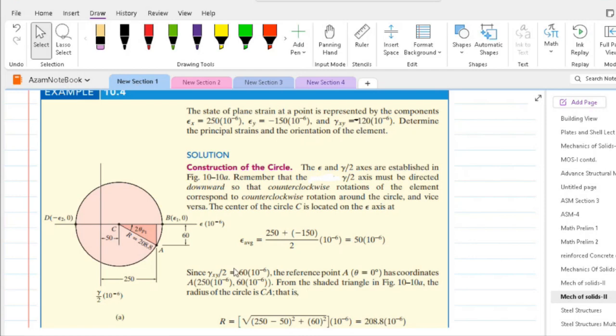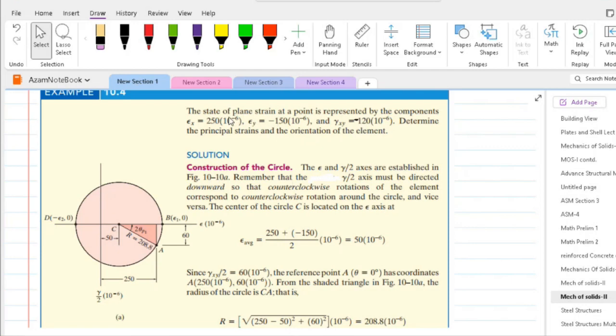So the first step is to establish a coordinate system such that the abscissa represents normal strain with positive to the right side, and the ordinate represents half the value of shear strain, gamma by 2, positive upward.